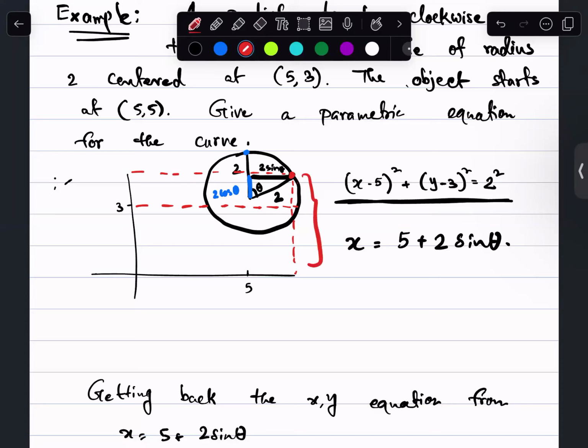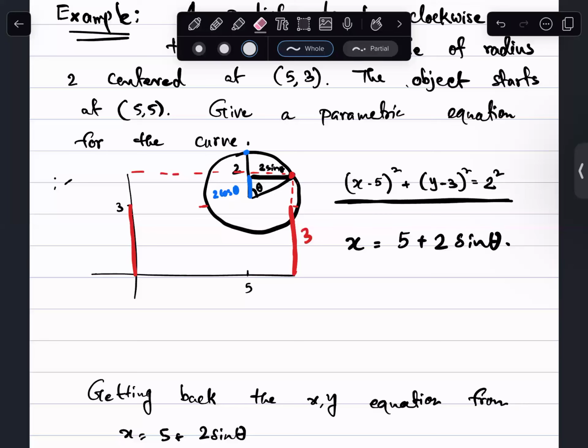This distance will be 3 plus 2 cosine theta. Again, how do I get that? Because I know that this distance is 3, and this distance is the same as this distance. And I also know that they should be passing through this. Yeah, I'm pretty bad at drawing.